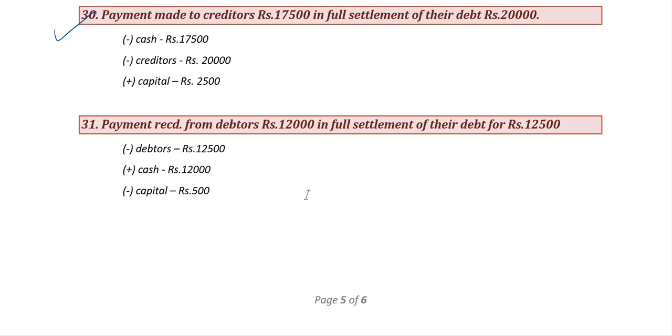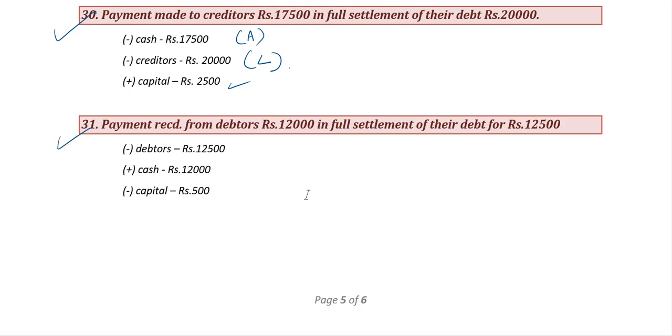Discount received is an income, so I will add 2,500 to capital. I will deduct from cash, which is an asset, 17,500, and I will deduct from creditors the entire amount of rupees 20,000. Creditors is a liability.